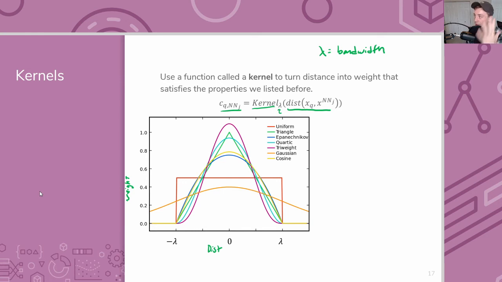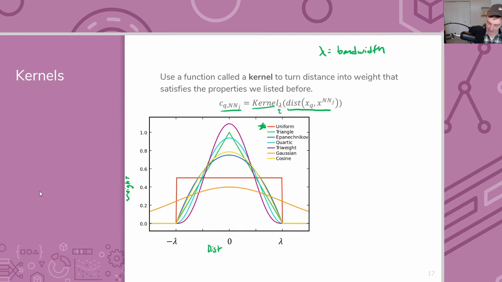A kernel is just a mathematical function that takes a distance and outputs a weight. One very common kernel is what we call the uniform kernel. And this is, in some sense, the simplest kernel you could think of. It's a function that assigns equal weight to any point within the bandwidth.